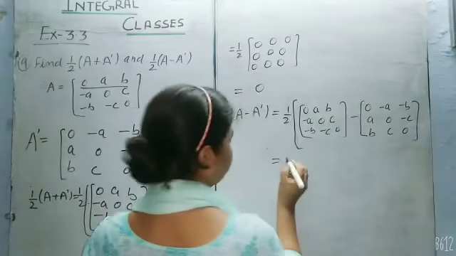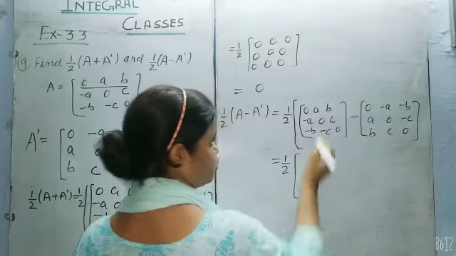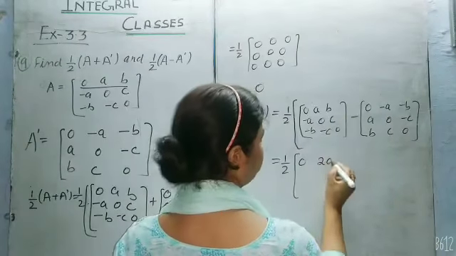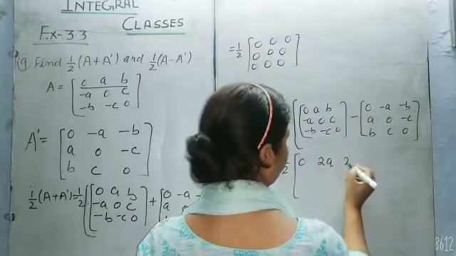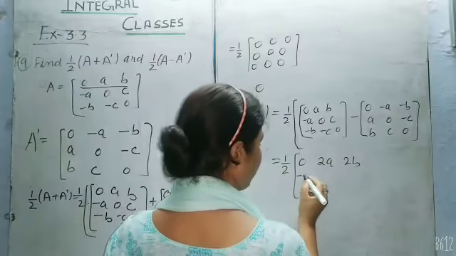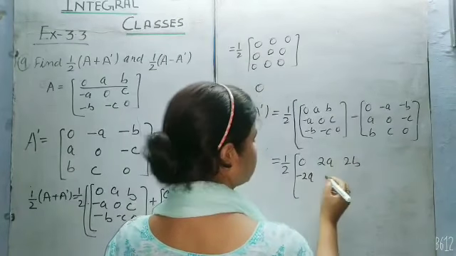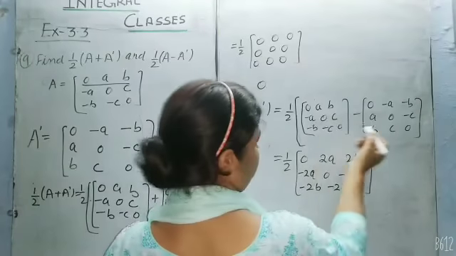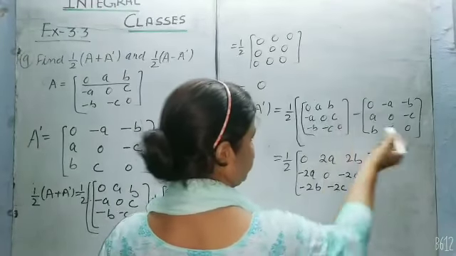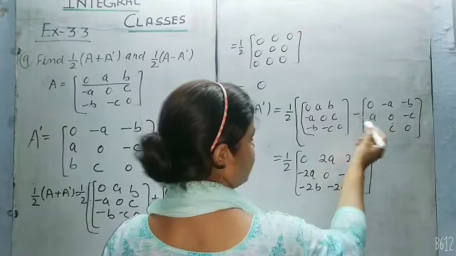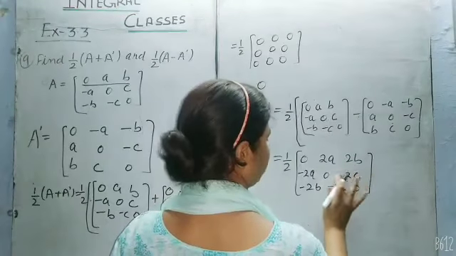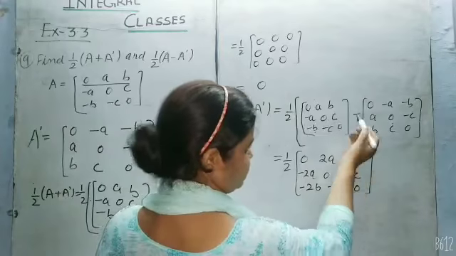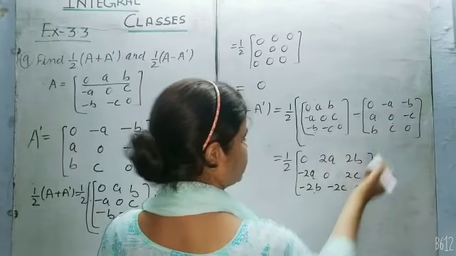Now we subtract these two. 0 minus 0, 0. A minus minus is plus, it becomes 2A. B plus B, 2B. Minus A minus A, minus 2A. 0 minus 0, 0. C minus minus is plus, it becomes 2C. Minus B minus B, minus 2B. Minus C minus C, minus 2C.